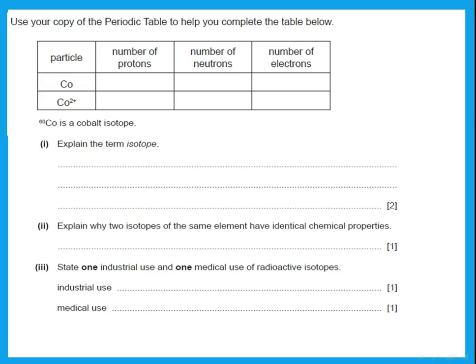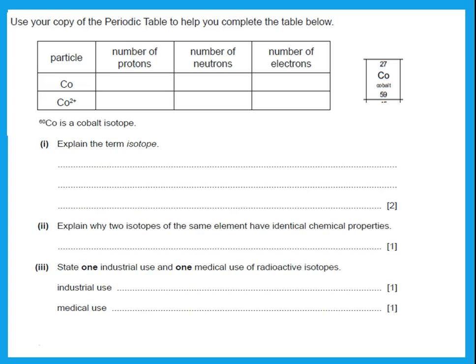Okay, this was the other question. Use your copy of the periodic table to help you complete the table below. Remember again that at the end of each paper, you will have a copy of the periodic table available to you. So, let's take a look at cobalt. Both of these particles are cobalt, so we look at the small number and the big number for cobalt, and we find that cobalt has an atomic number of 27 and a mass number of 59.